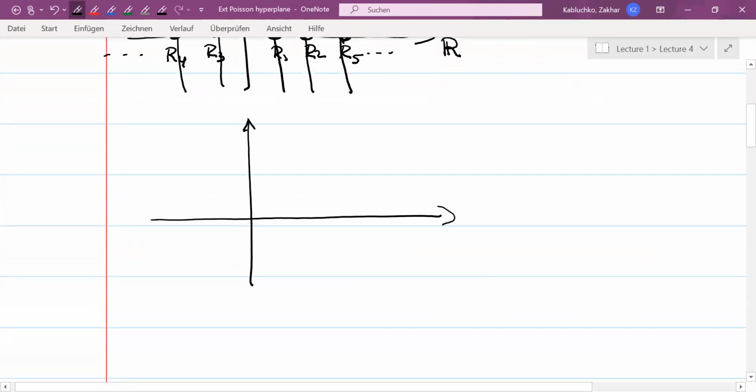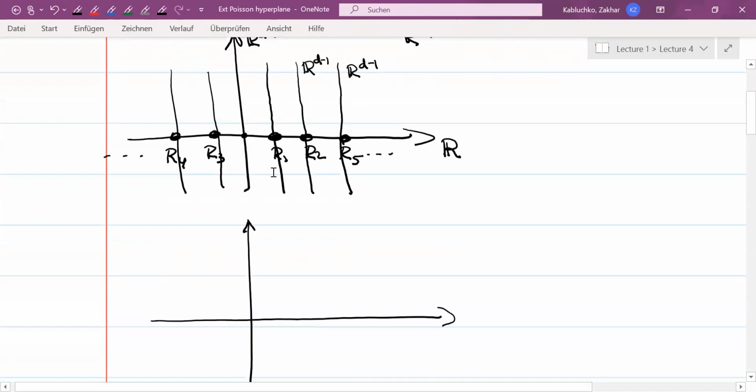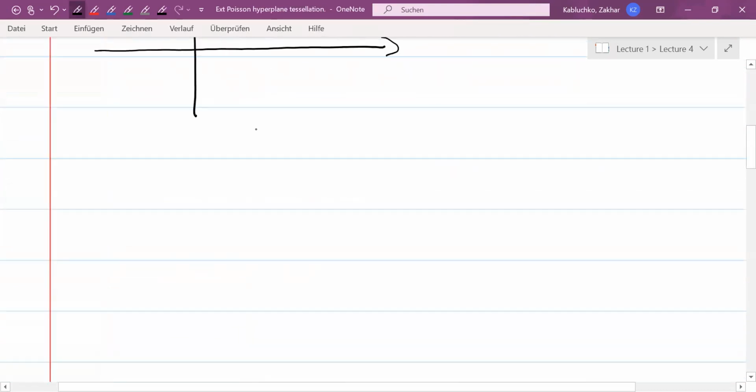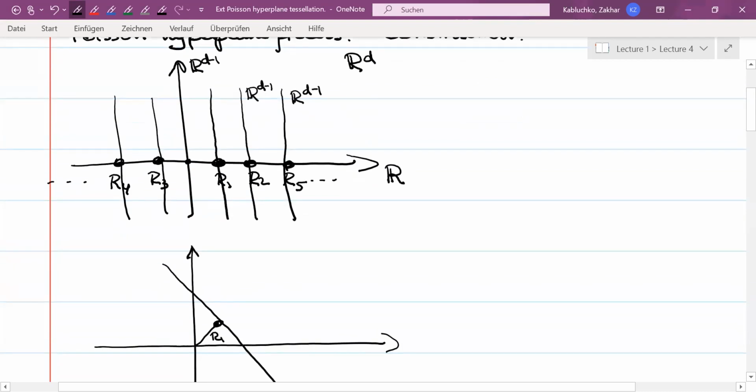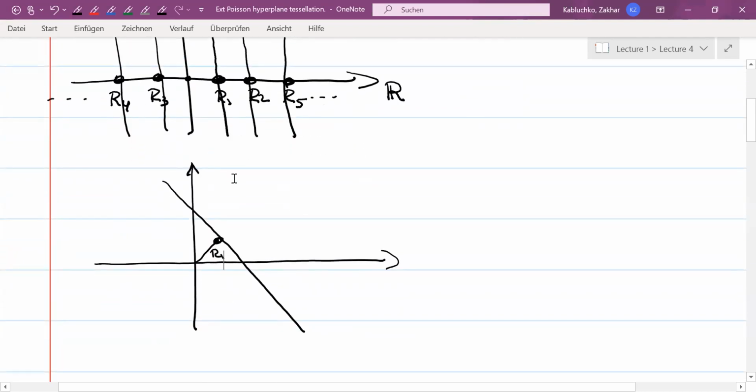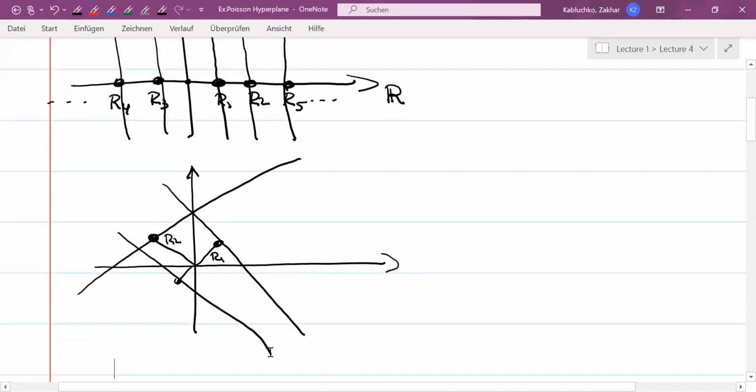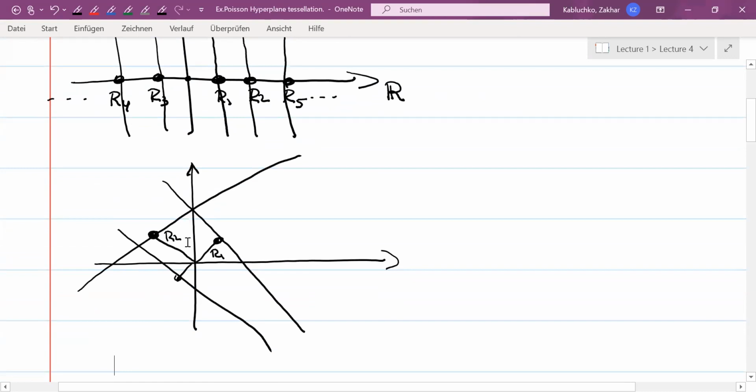We take the first one, say this one, and rotate it, which means I take here a random angle, and the distance R1 is preserved, and then we take the line. So this is R1, and this is the first line of our process. Then we take distance R2 and some random direction, and draw a line. Then we take distance R3, here a random direction, and draw a line, and so on. And in this way, we get infinitely many, countably many lines in the plane.